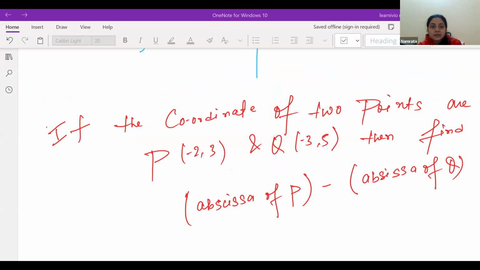Anyone else? Take your time, no worries. Abscissa of P is -2 and Q is -3. Maybe. And we need to do the subtraction. Do it, Arya. Please do the next step also if you have identified the abscissa.